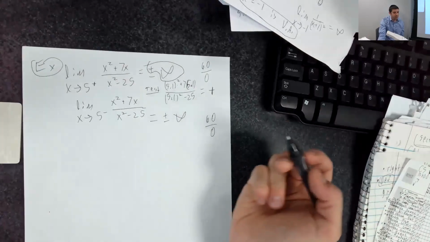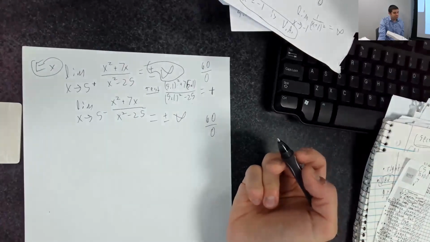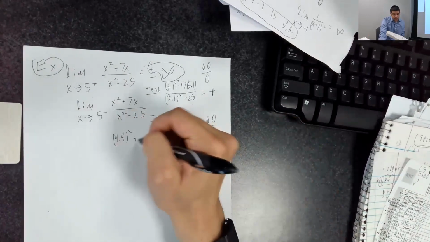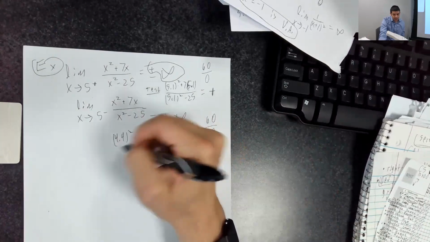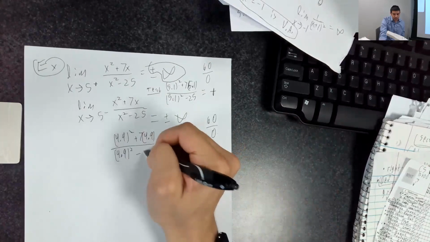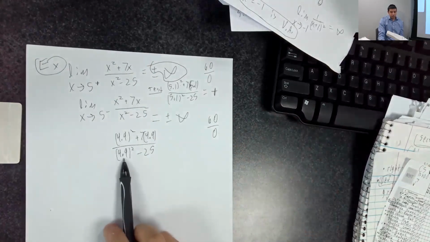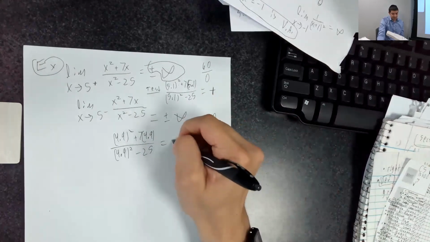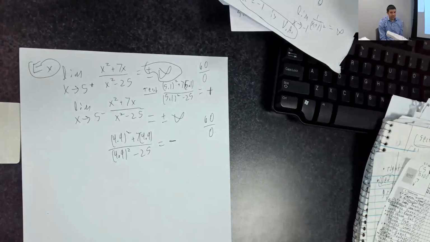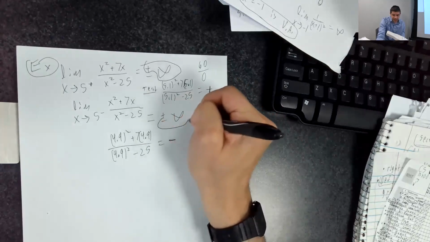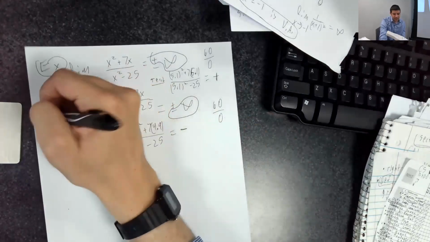We should test which number? 4.9. 4.9, sure. 4.9 squared plus 7 times 4.9 divided by 4.9 squared minus 25. Is 4.9 squared bigger or less than 25? Less, so the denominator is negative. Right, so the answer here is going to be negative infinity.